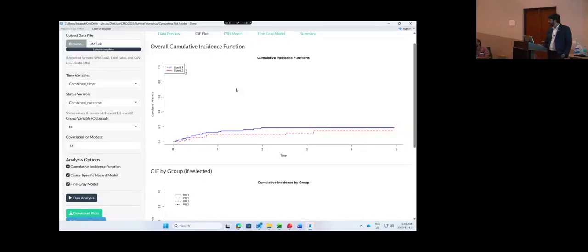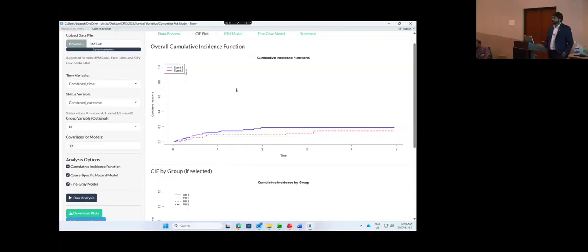There's only one competing event. Now I remember, this is a relapse. Yeah, competing event, that is event 2. Yeah, that is what he is saying.